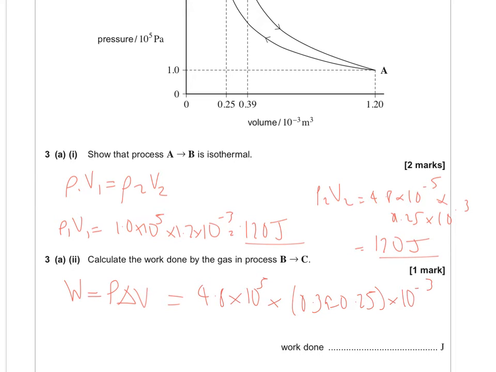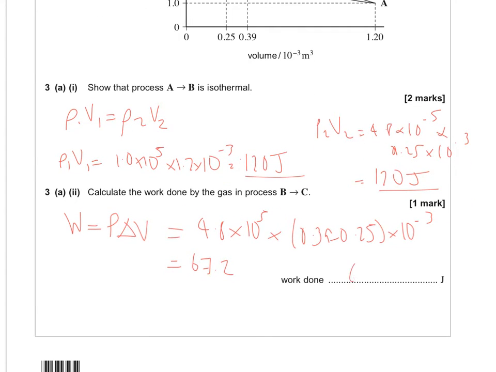Let's calculate that. 0.39 minus 0.25 times 10 to the minus 3 times 4.8 times 10 to the power of 5, which comes out as 67.2. All the information is 2 sig fig, so we just write that as 67 joules.